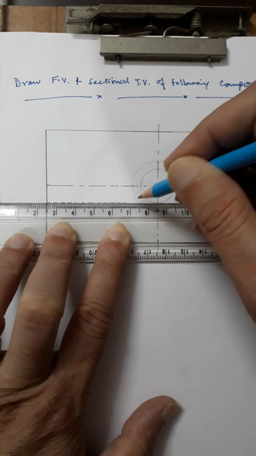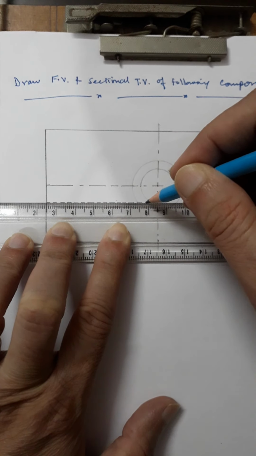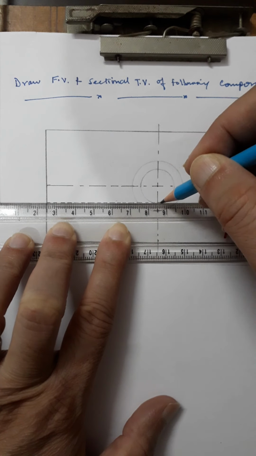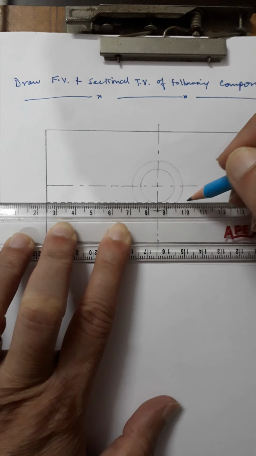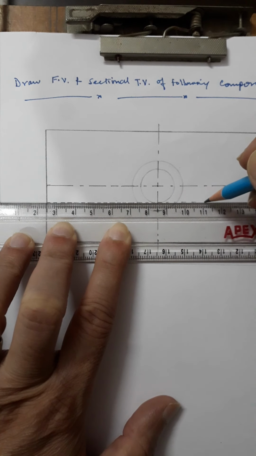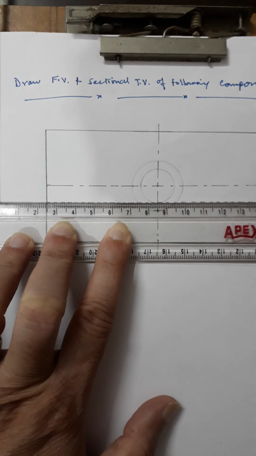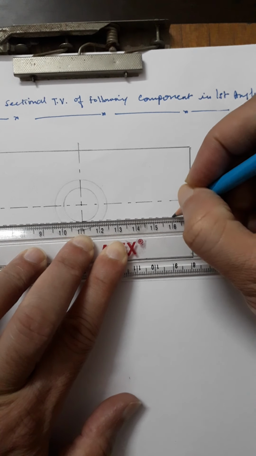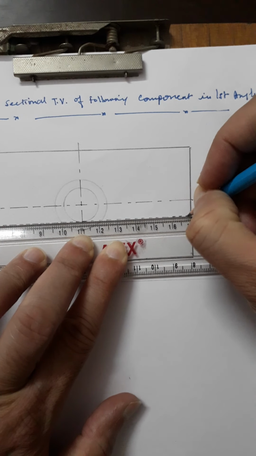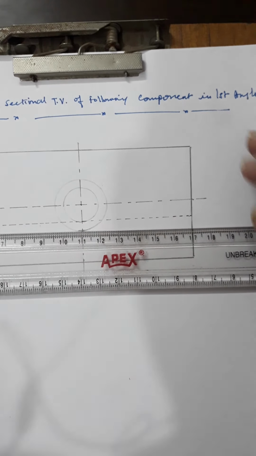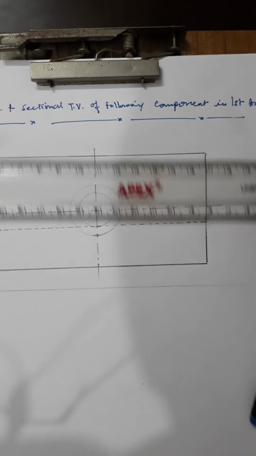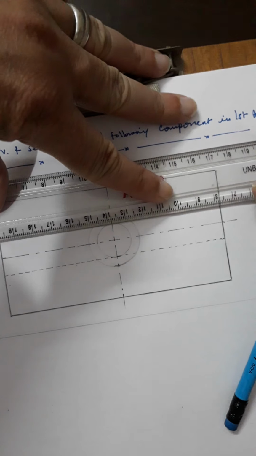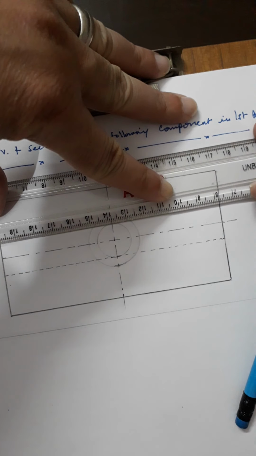So I am drawing the dash line throughout. Yes, this is the dash line throughout. This is on the other side as well. You have to draw a 20 mm gap.